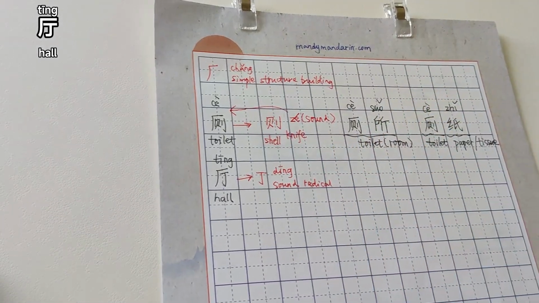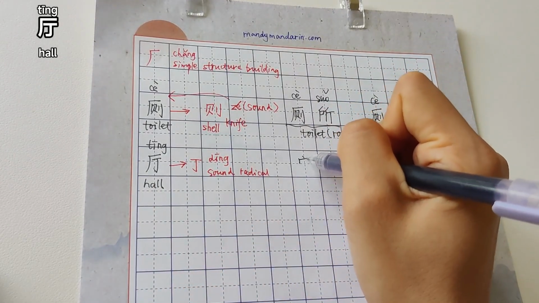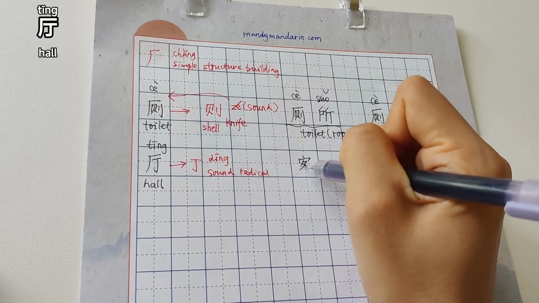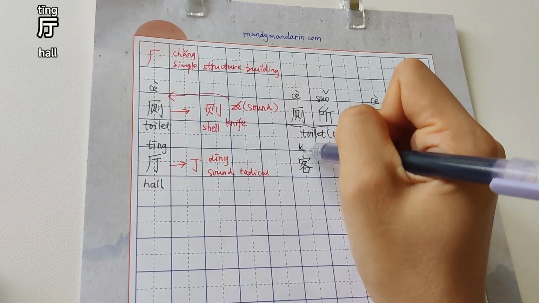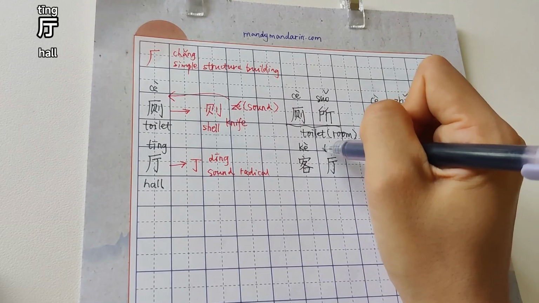Now let's get to some word with the 厅. We can say 课厅.